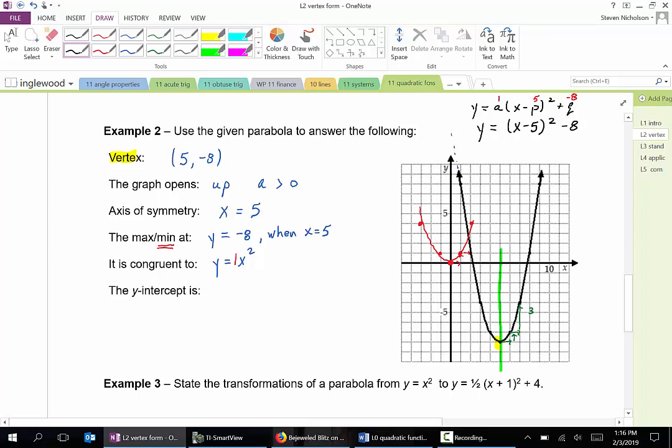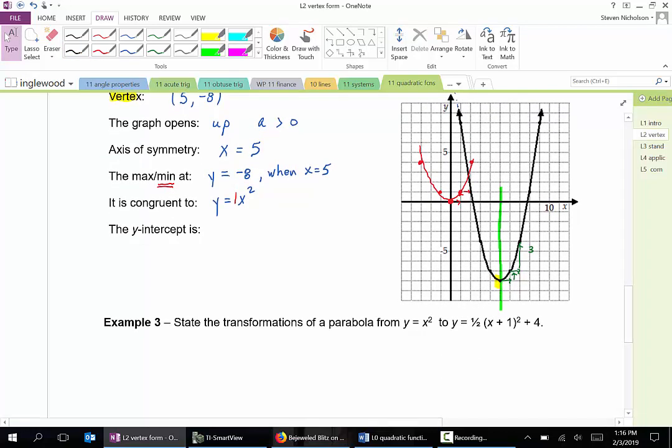Now, given that I figured out the equation of this parabola in vertex form, what I can do is enter a 0 for x, because the x-coordinate of the y-intercept is always 0, and the only thing left over in solving this equation is y.